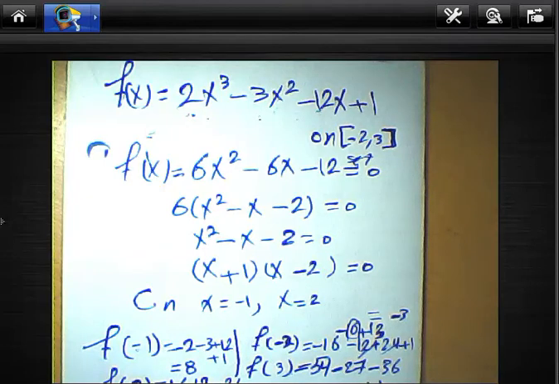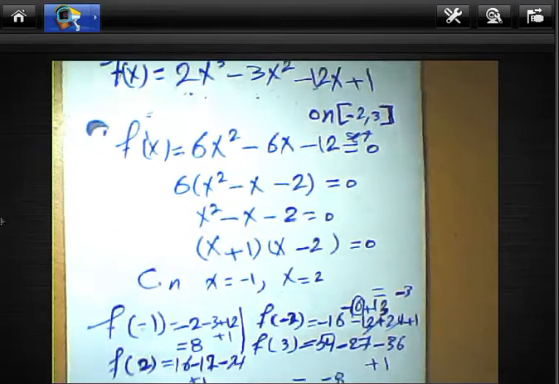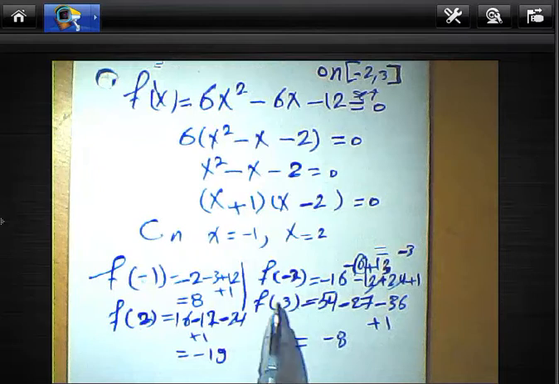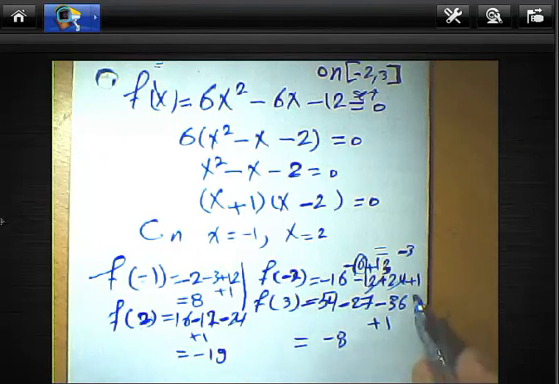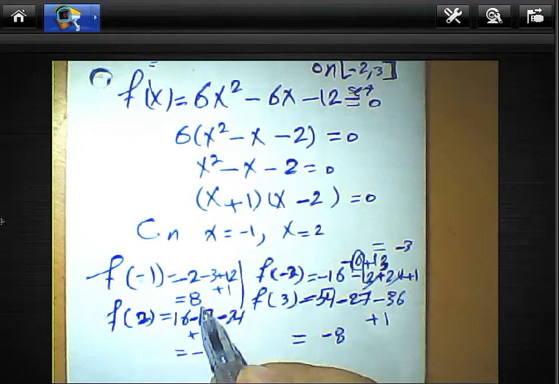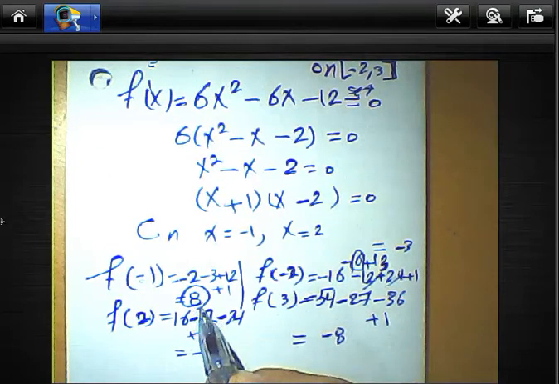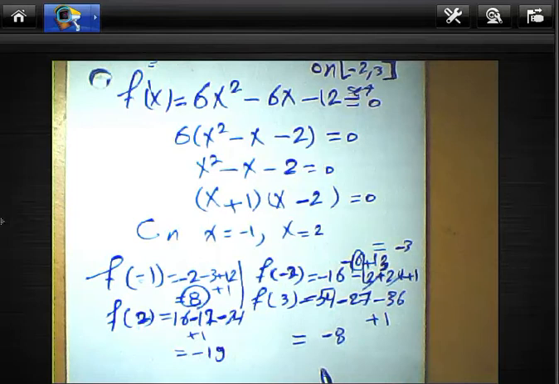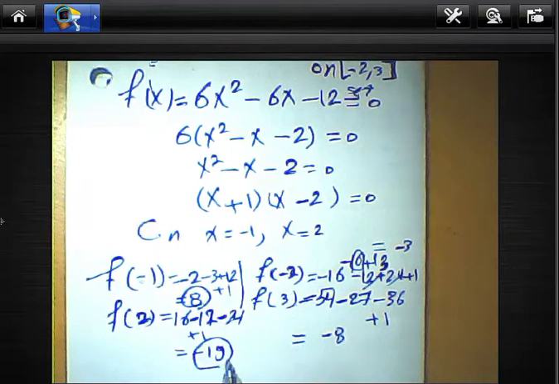The result will be what? We know the result will be negative 8. Okay, the result will be negative 8 for f of 3. So the absolute max will be what? 8, and the minimum will be negative 19.